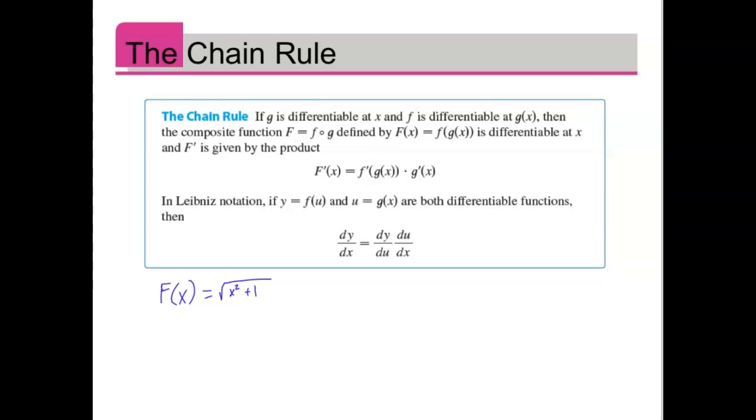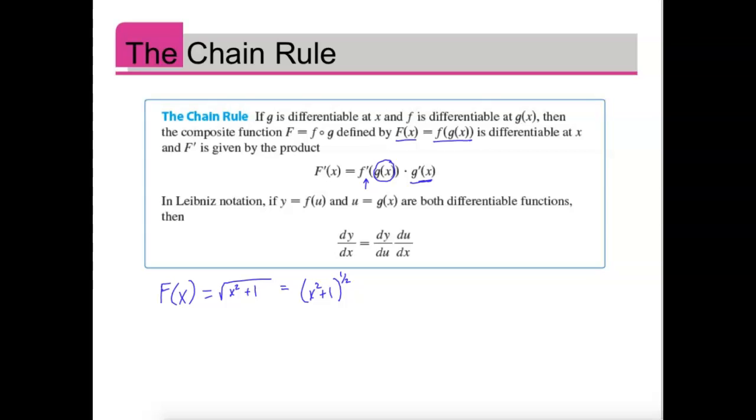What the chain rule says is that if you have a function that is made up of a composition of functions, which we do here, you can find the derivative by taking the derivative of the outermost function, keeping the inside function the way it is, and then multiplying by the derivative of the inside function, okay? So this is a composite function. I'm going to rewrite it as x squared plus 1 to the half power. So just rewriting that square root as the 1/2 power.